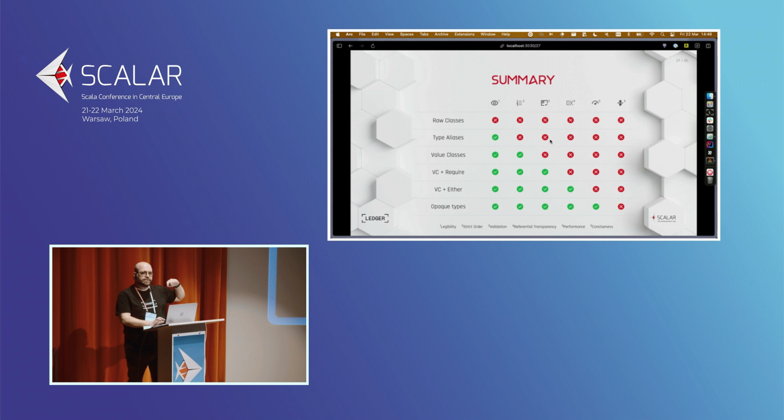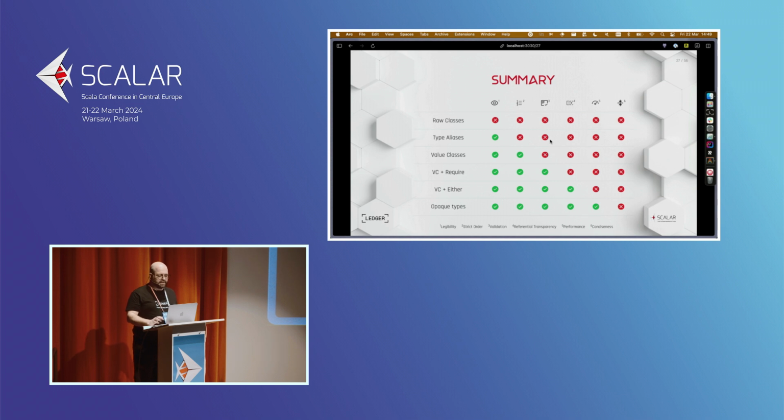So just a quick recap before going on. Here, I don't know if you see well, there's the legend. In the first column, we have the legibility. So we see that raw classes fail at all requirements. So we have legibility, strict order, validation, referential transparency, performance, and conciseness.